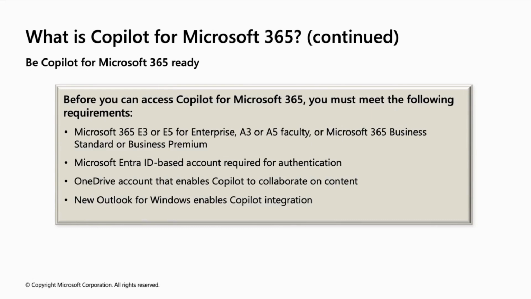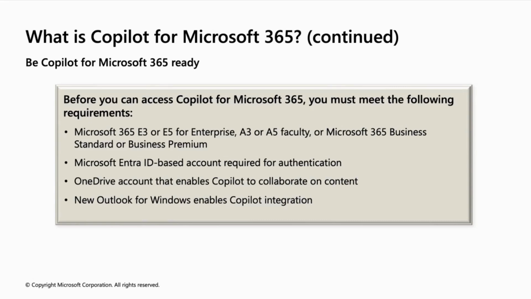You must have OneDrive access, because Copilot can collaborate on all the content available in OneDrive. When you are asking any question about your document or the information available, Copilot needs access to OneDrive to get information about that content. Plus, you must have updated desktop applications.